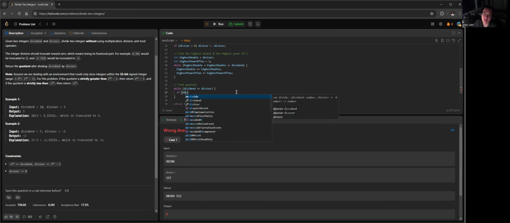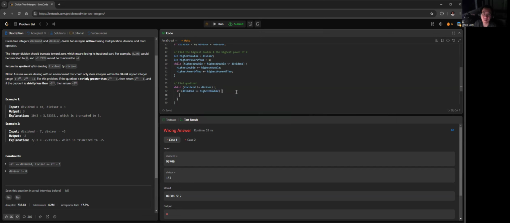So you can check, if the dividend is greater than or equal to the highest double, the dividend being our remaining, the new dividend, then we can divide. So we can do quotient plus equal to the highest double. Wait, no, highest power of 2, because this is going to be our quotient.